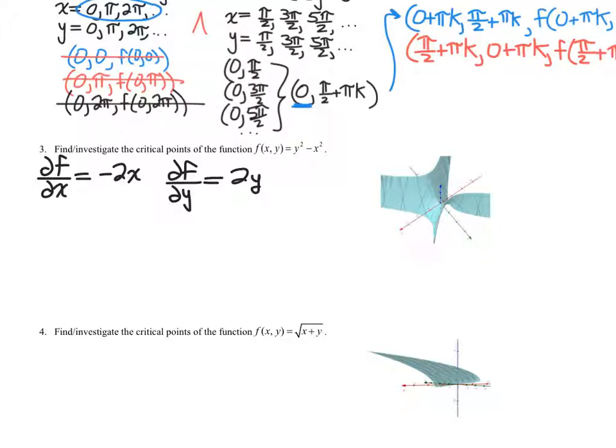So what we're looking for here are critical values, and critical values occur when the partials are equal to 0 and equal to one another. All right, so in this case it works out and we're looking at 0, 0 as being a critical value.